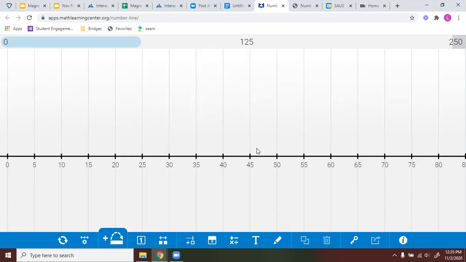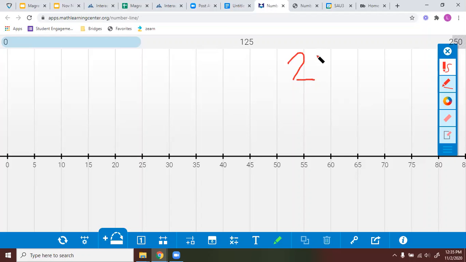How about the number 23? What 2 multiples of 10 would 23 fall between? It would fall between 20 and 30. And which one would it be closer to?